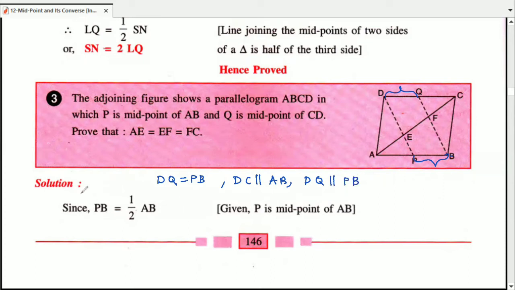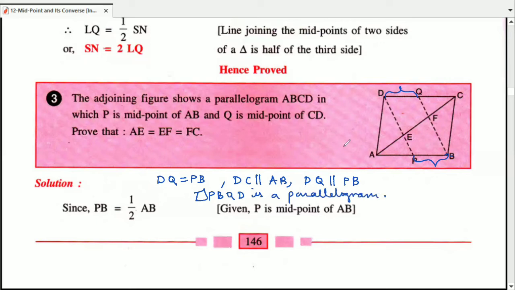Hence, we have proven that if one pair of opposite sides of a quadrilateral are parallel and equal to each other, then the given quadrilateral PBQD is also a parallelogram.